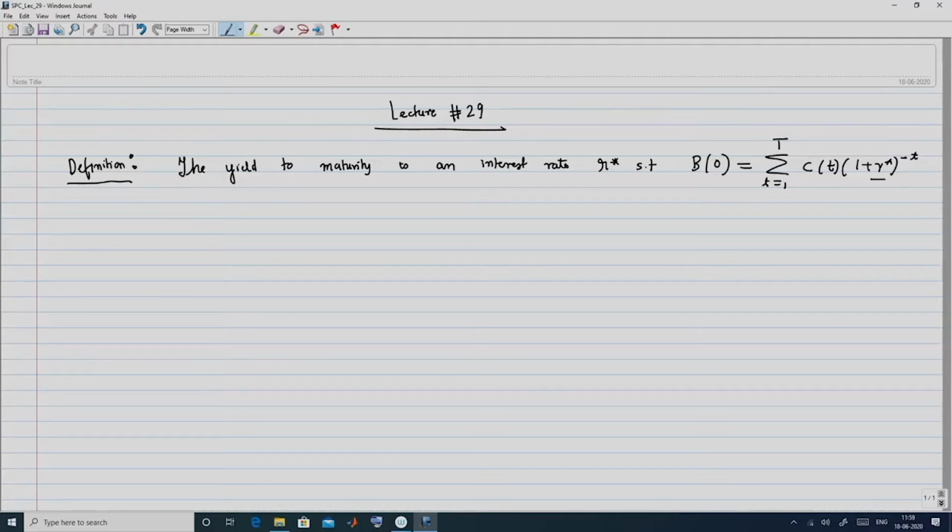So, this is some sort of a uniform interest rate that is applicable, so that the present value of the coupons becomes equal to the price of the bond.